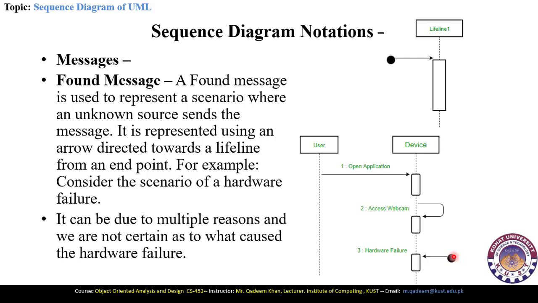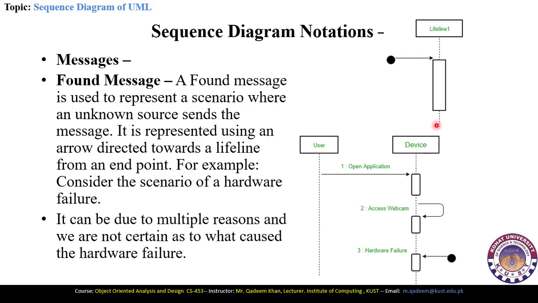That is the unknown source, and it is represented with a filled circle, black in color because this is the unknown source. So here an arrowhead is directed towards the lifeline from the endpoint. That means that here the message is sent to the device module.